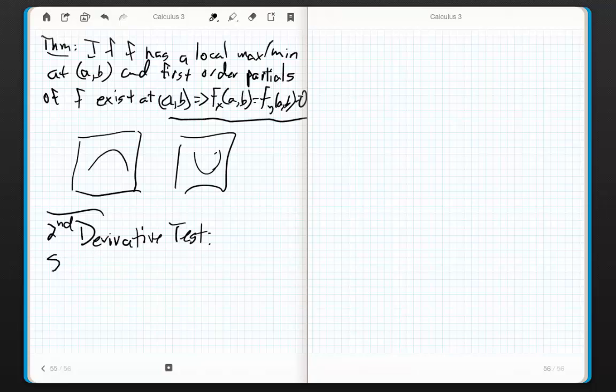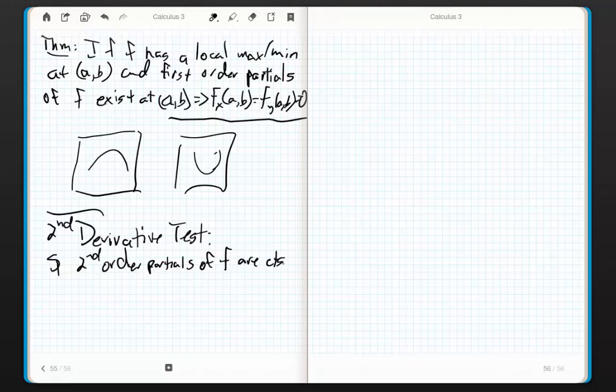Here it goes. It says, suppose second order partials of f are continuous, which means I can take them, right?